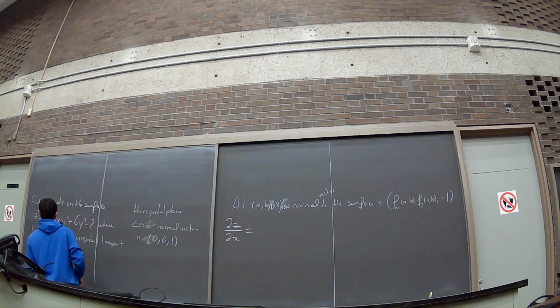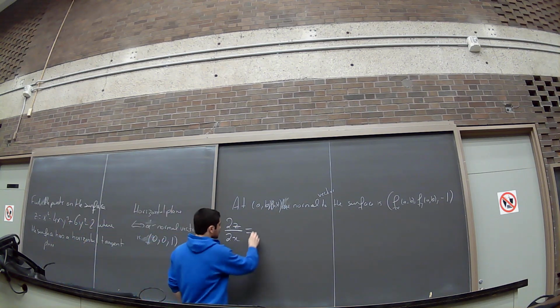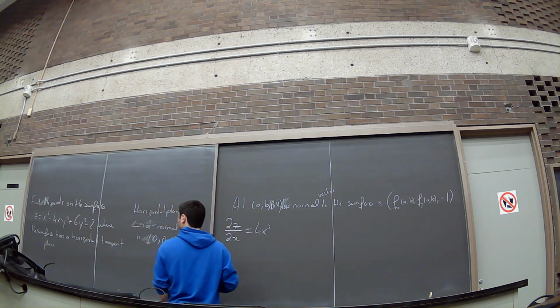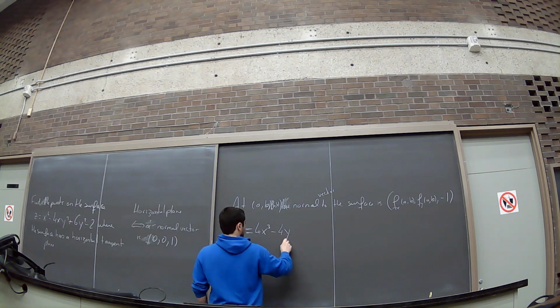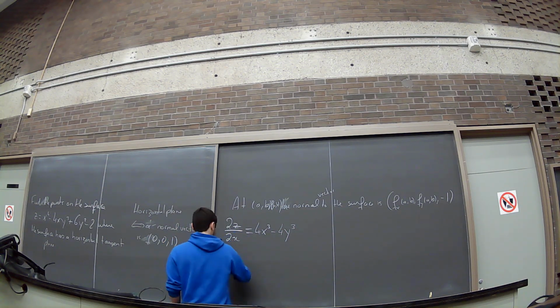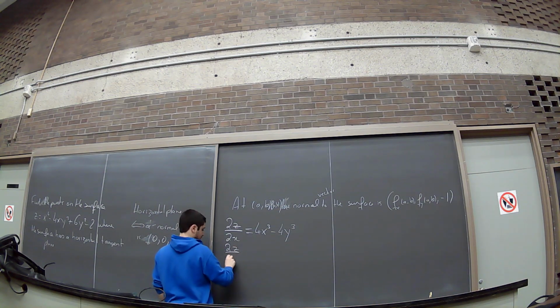So let's find del z del x. It's 4x cubed minus, so who can help me? 4x cubed minus 4y cubed. And that's it, right? Del z del y is what?